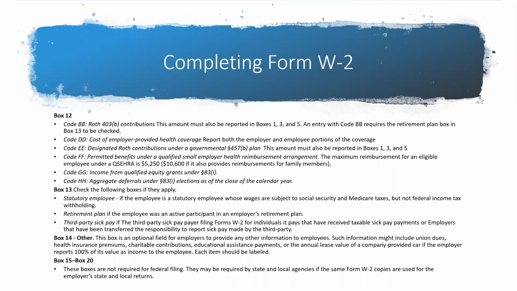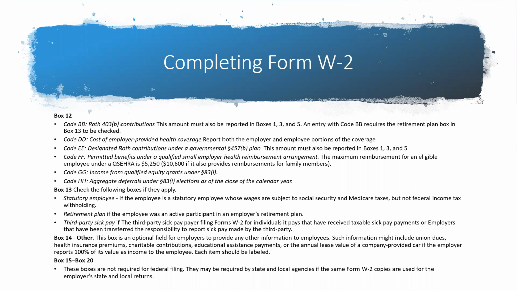So that information gets reported in box 14. There are also other things that some employers report in box 14. Like I say, it's informational for the employee. So things can be reported in there, but there's not necessarily a list of things that have to be reported in that box, if that makes any sense.